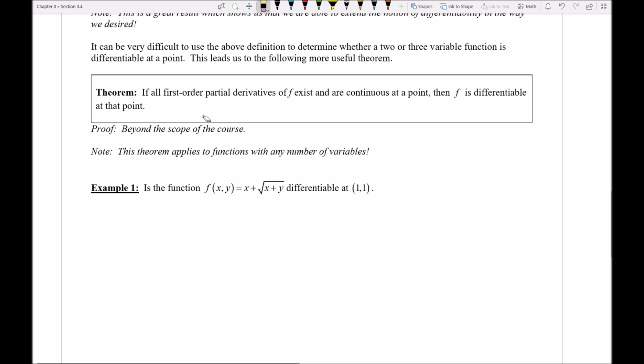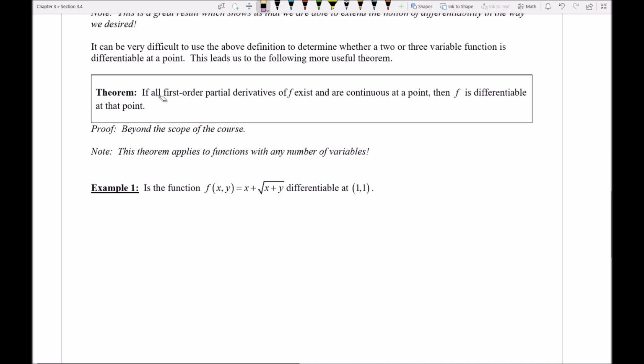Okay, well here's what we have. It's actually really simple. Let's suppose that I calculate all first order partial derivatives. For a two-variable function, that would be the partial derivative with respect to x and with respect to y. But if I had a function with more input variables, I would have to compute lots of different partial derivatives, for x and y and z and w and k and all the different input variables.